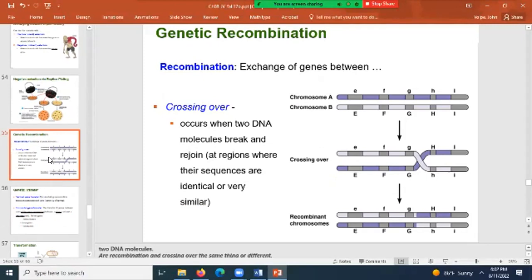Two children that are born from parents, they may look similar because they have similar genes, but unless they're identical twins or triplets or something like that, they will not look the same. And that's largely because they have different genes, and recombination shuffles up those genes to make more combinations possible.